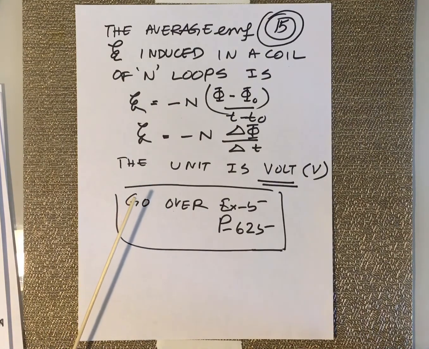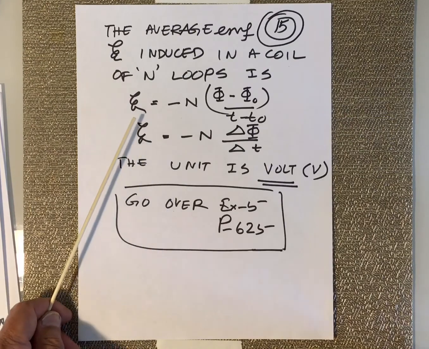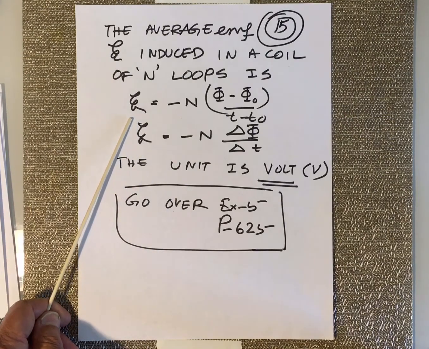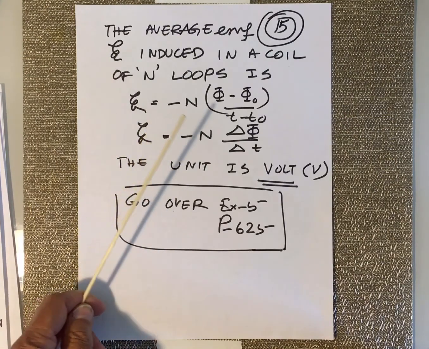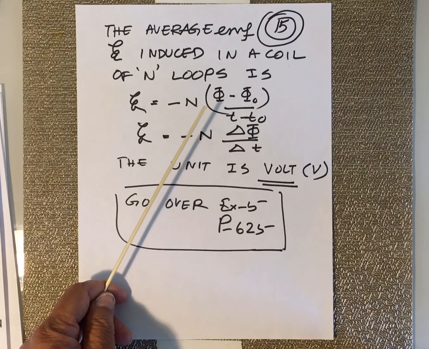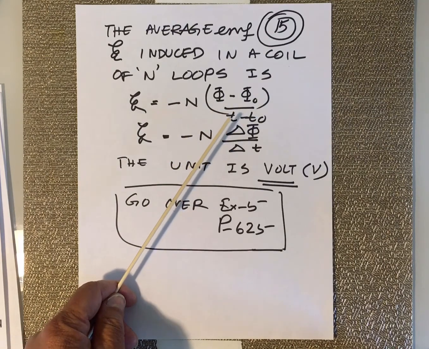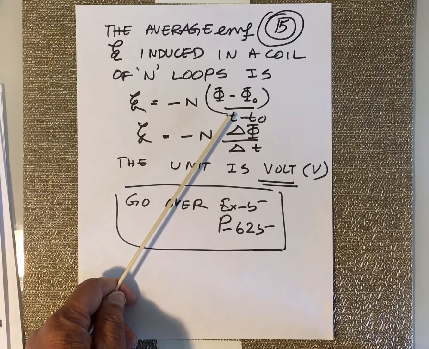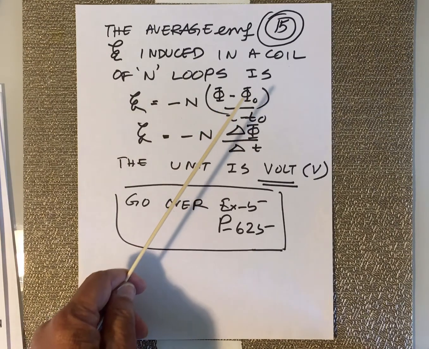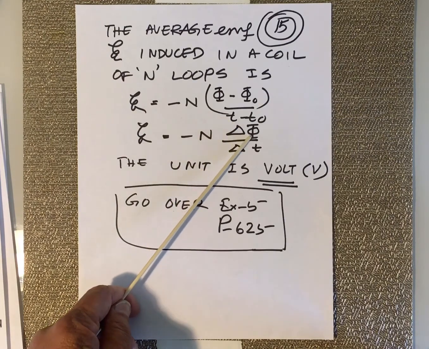So we can write the equation as you see: the induced EMF equals negative N, where N is the number of turns or number of loops in the coil, times phi minus phi 0, the initial magnetic flux, over t minus t0.